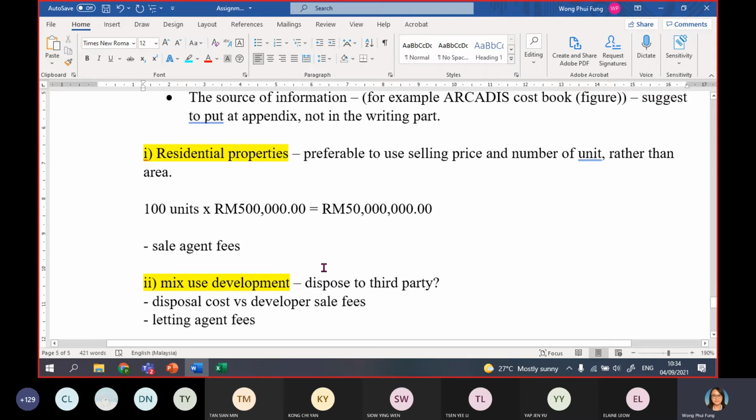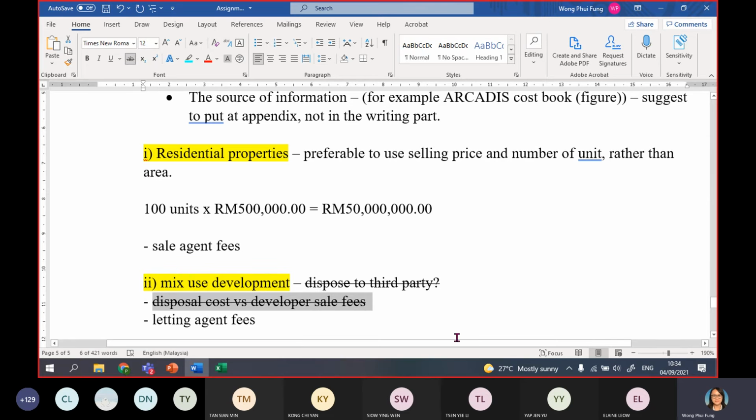Some of you choose not to dispose, so you do not have a disposal fee, but you have the developer sales fee. So remember, if you choose to dispose to a third party, you have to calculate both. If you decide not to dispose, please remove these two from the appraisal.